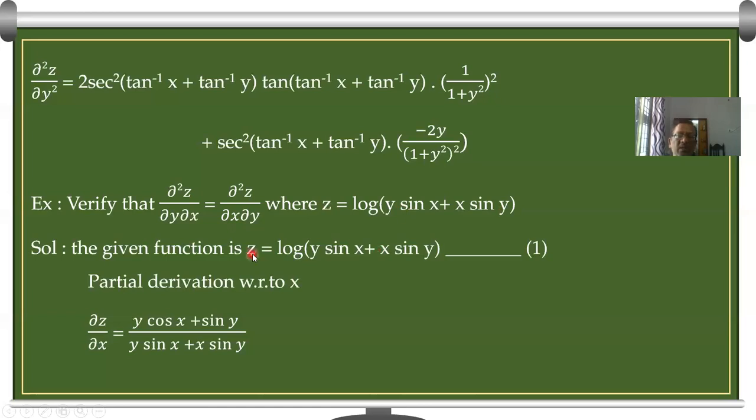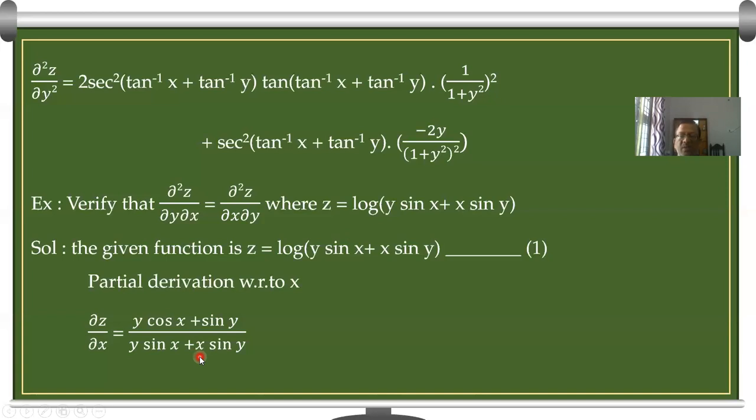Now, the given function is z equal to log of (y into sin x plus x into sin y). I am operating partial derivation with respect to x. It is a logarithmic function. If the given function is of log f of x form, what is the derivation? f dash x by f of x. Function derivation by function.